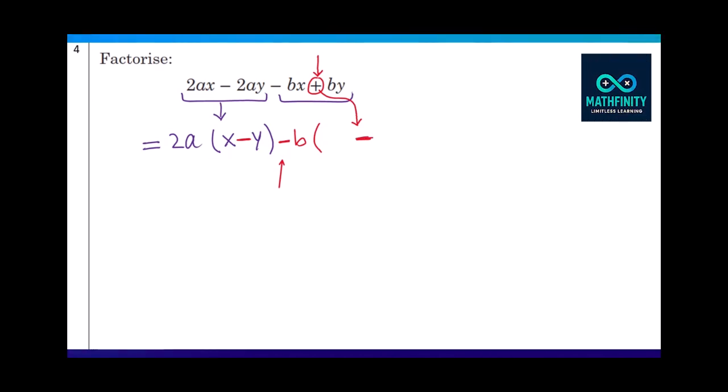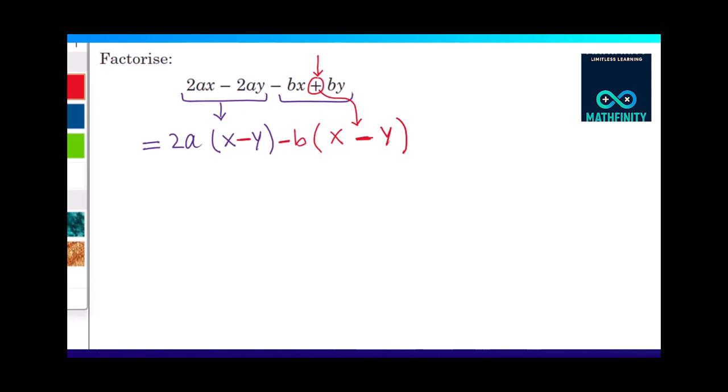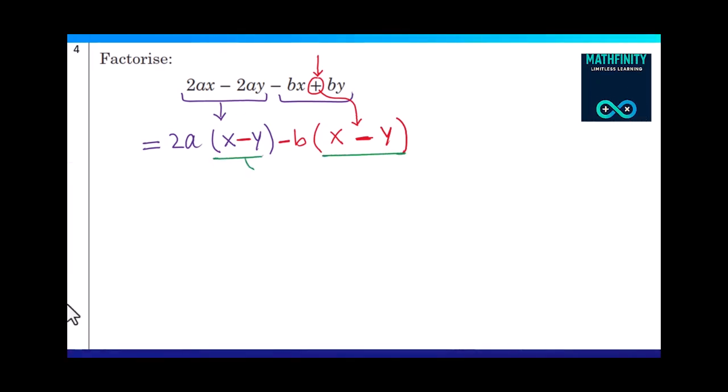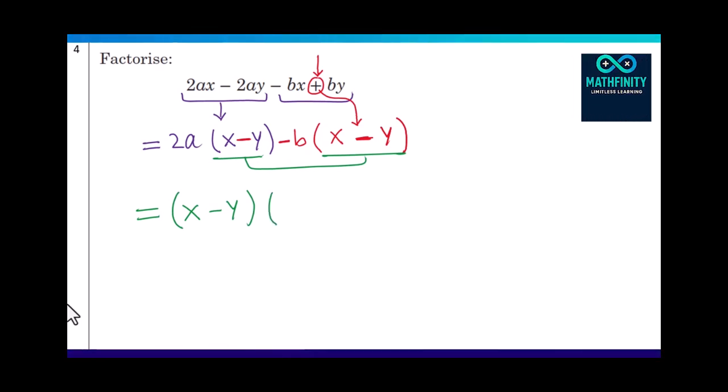So as we took b common, what we have to write inside the bracket: x and y. And we can observe from here that our two brackets are the same. It means we did everything correct. Now we will write the same bracket one time, and in another bracket we will write the outside numbers, that are 2a and minus b.